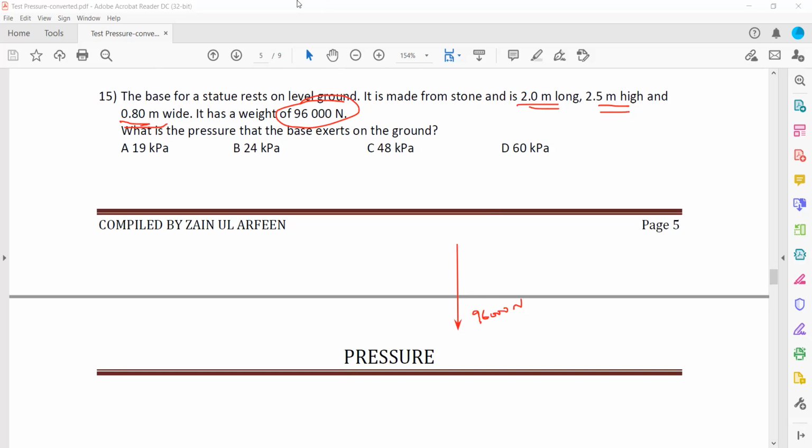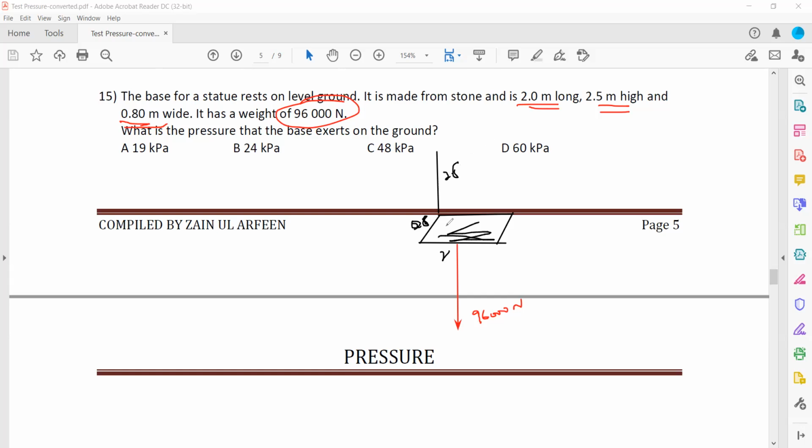The statue is 2 meter long, 0.8 meter wide, and 2.5 meter high. So this is 0.8, 2, and 2.5.